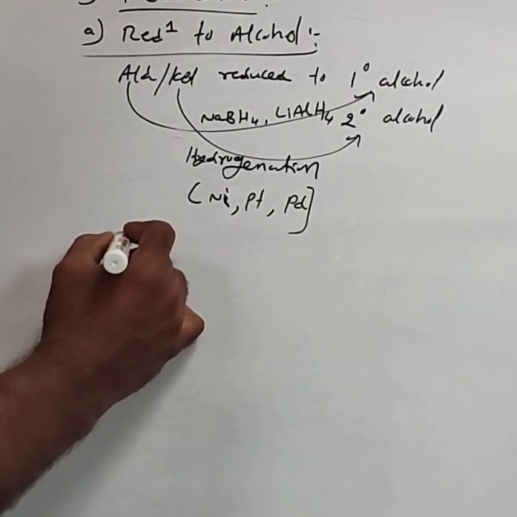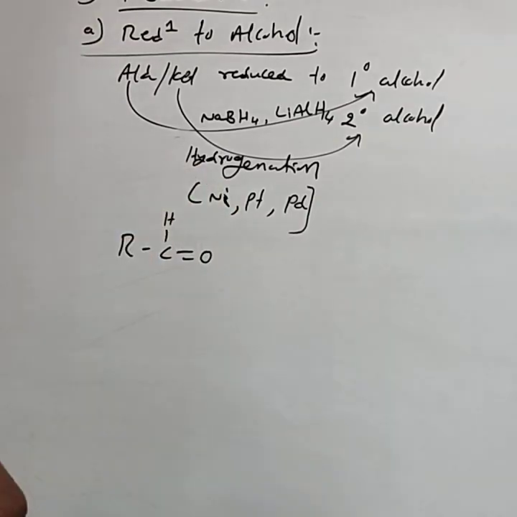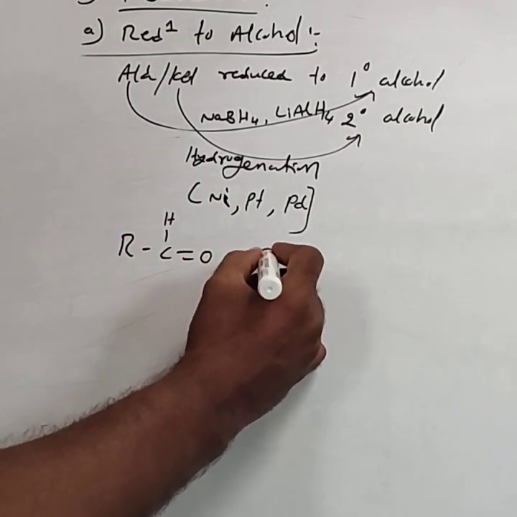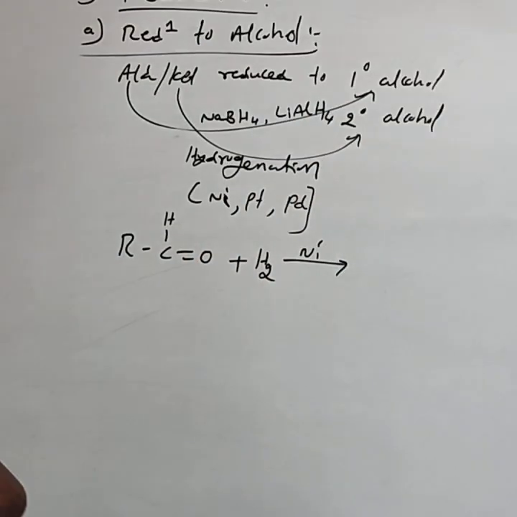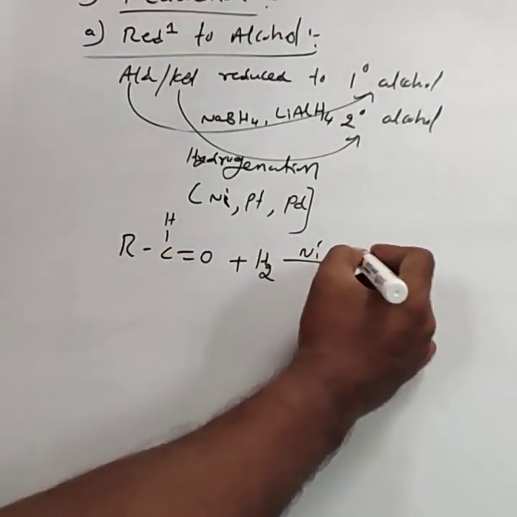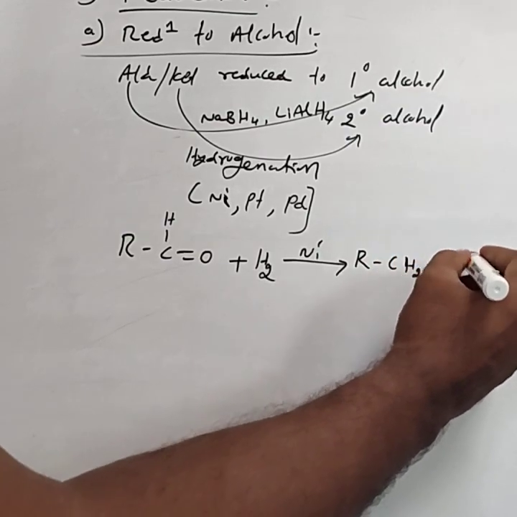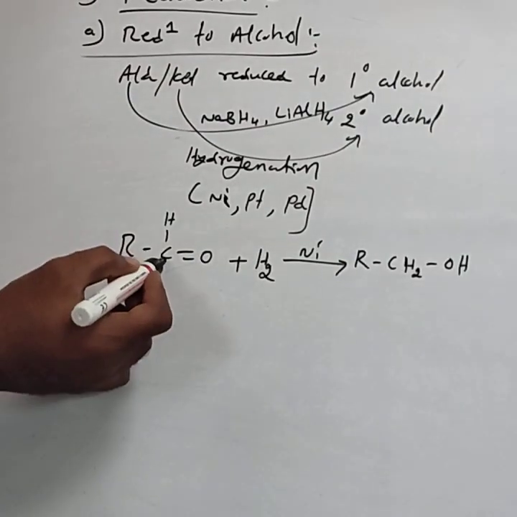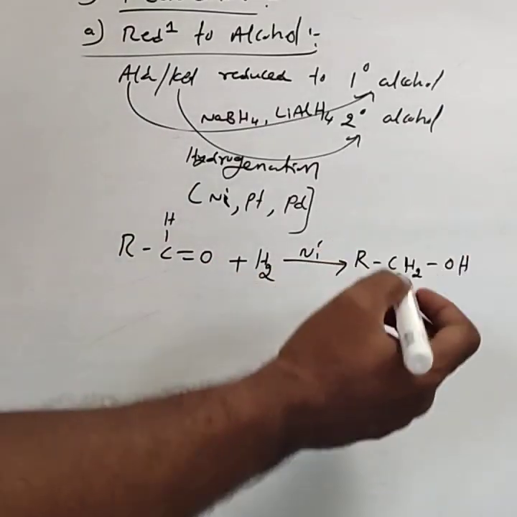For example, you take RCHO. If you pass hydrogen gas in the presence of nickel, platinum or palladium, then hydrogen is added across the double bond to form RCH2OH.